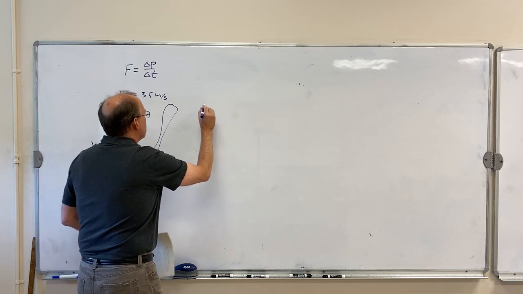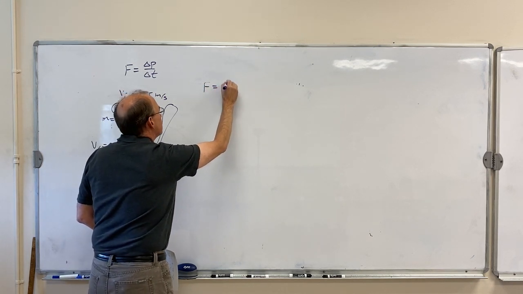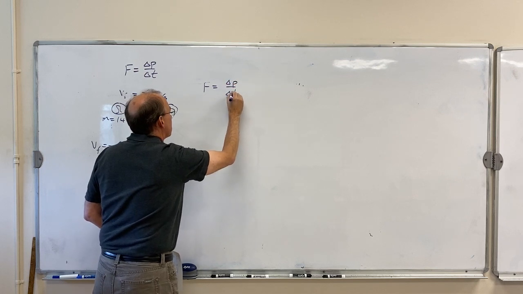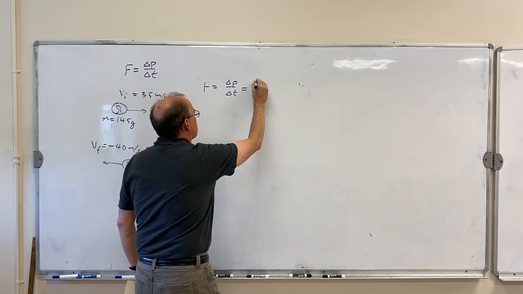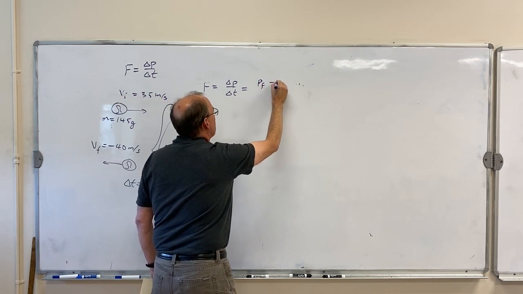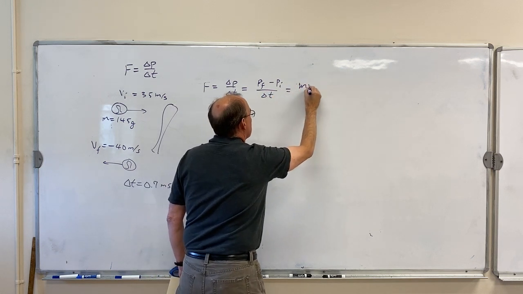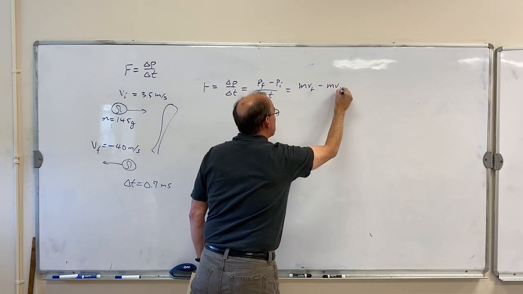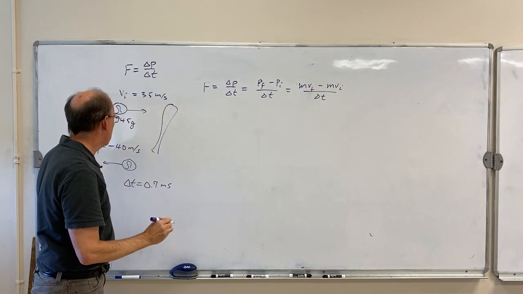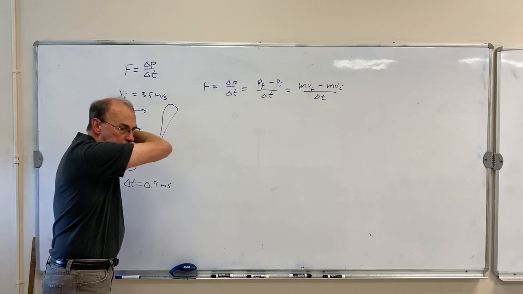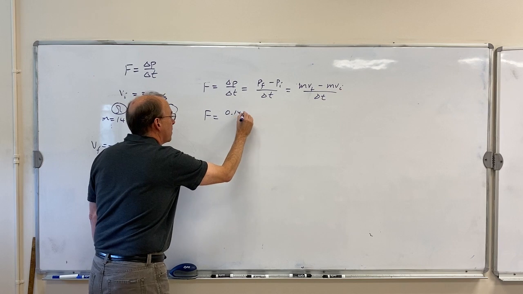So we've got force is delta p over delta t, is p final minus p initial over delta t. This is mv final minus mv initial over delta t. So this is mass 0.145.